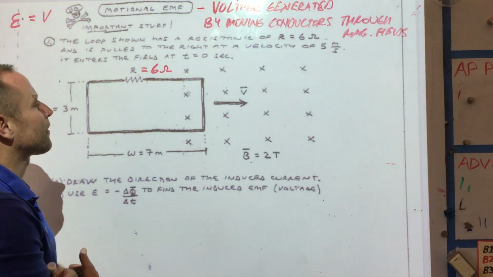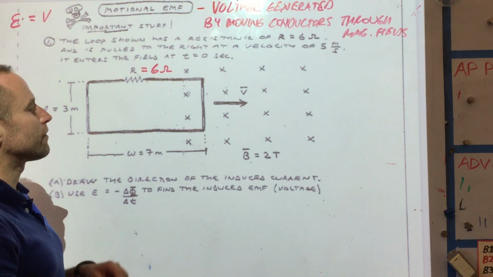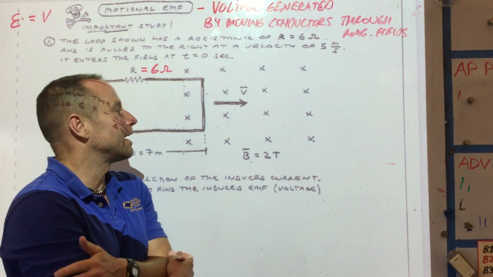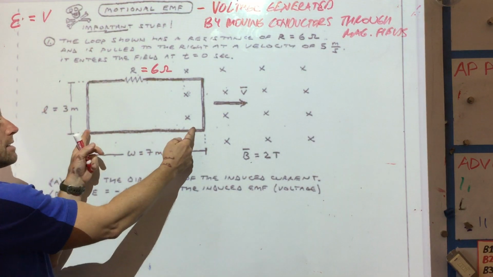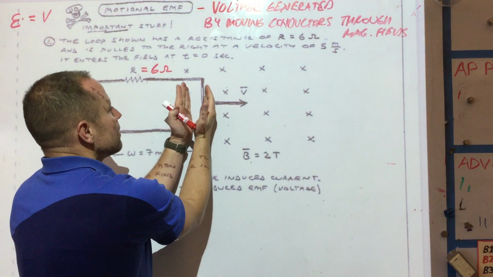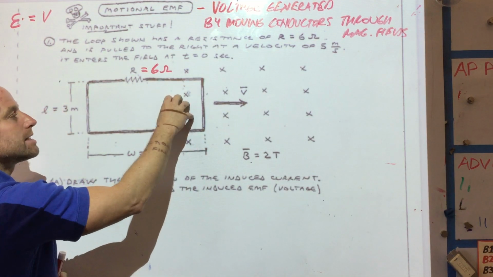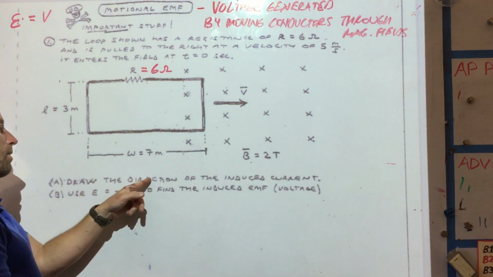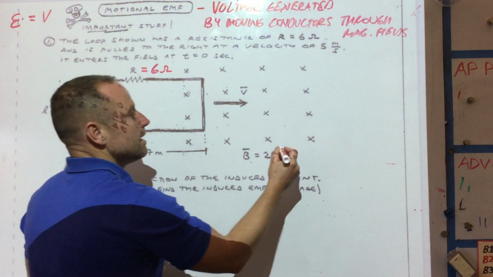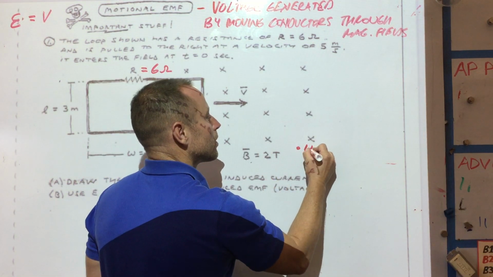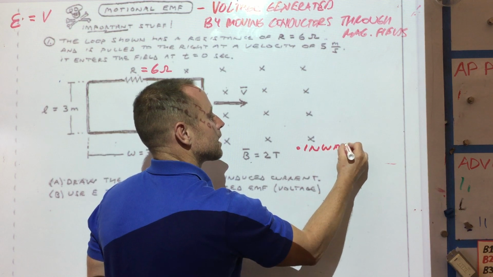There's 2 ways to think about this. Number one way of thinking about it is by looking at flux, okay? And so what's happening is, as we pull this in, we are capturing more inward pointing magnetic field.